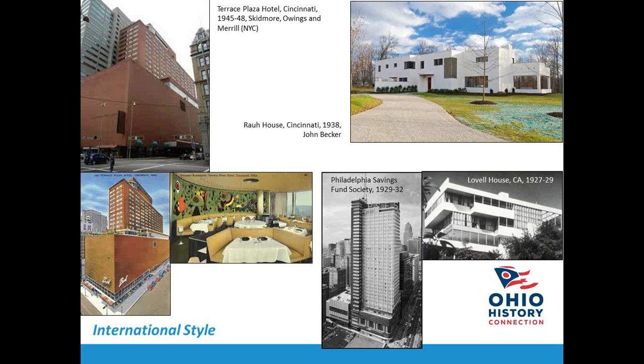Not unlike the Supreme Court building in Columbus, but again now in a very modern way. It's focusing mostly on the details and the nature of the materials that are being used in those spaces. Likewise, the Lovell House, designed by Neutra, it's this white kind of object in the landscape, had applied concrete as its surface material, and we see these volumetric setbacks.